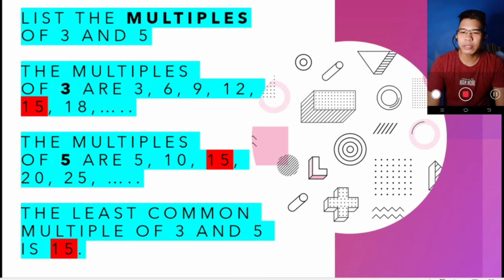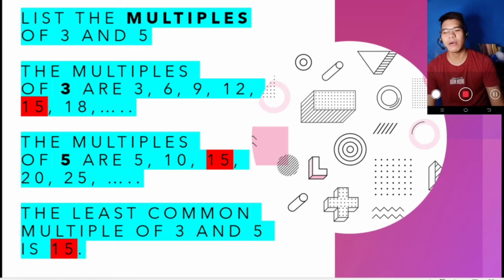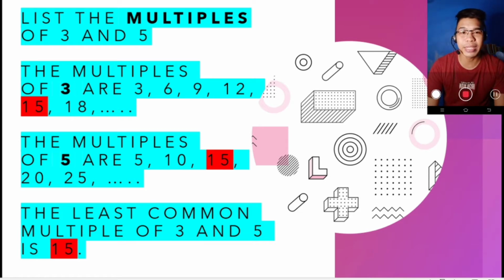What we're going to do is look for commonalities in the multiples of the two numbers, and of all the common multiples, we take the least one. That will serve as our least common multiple of 3 and 5.